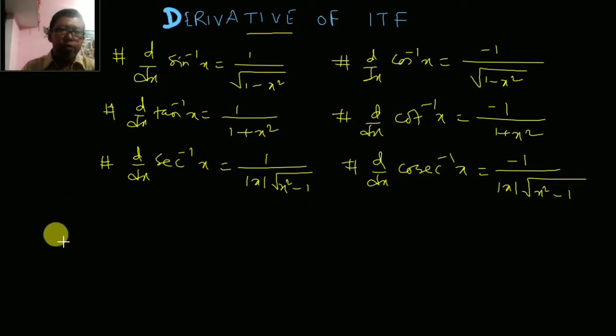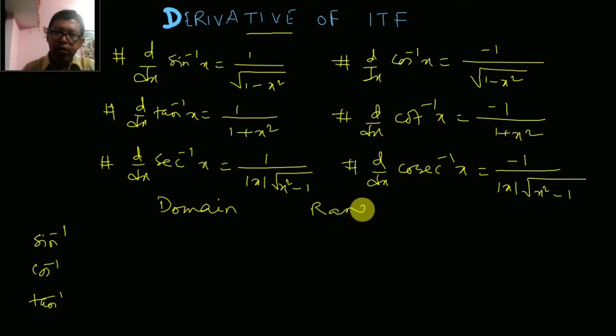Now you have to know the respective inverse trigonometric functions and their domains and ranges. First one is sin inverse, next is cos inverse and tan inverse. Sin inverse: domain is the closed interval minus 1 to 1, range is the closed interval minus pi upon 2 comma pi upon 2.